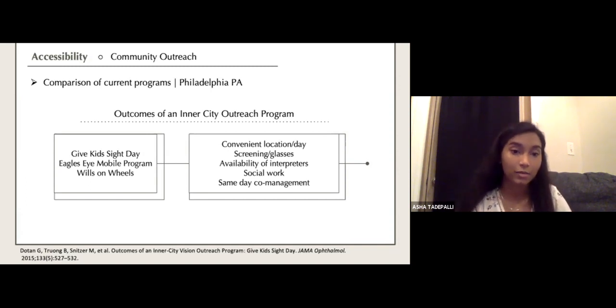So the Eagles iMobile program is another option in Philadelphia. The only issue is they needed an ophthalmology referral, which, as I mentioned before, you can have that social work kind of collaborate with you, but with Give Kids Sight Day, they were available on site. And then finally, for Wheels on Wheels, they needed the glasses after the fact. So they would come back for the glasses or go to an optical to get them made.